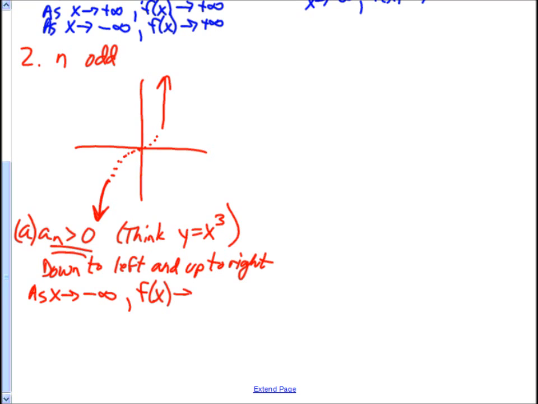The f of x goes down, that's negative infinity. And as we go to the right, our f of x value ends up going up. You can see that. Down to the left, up to the right.